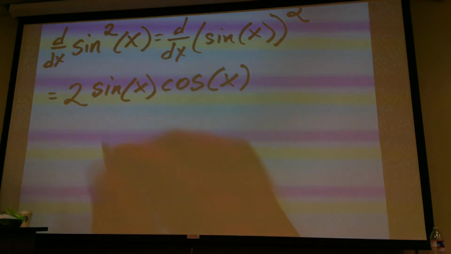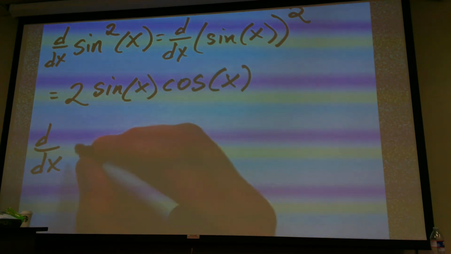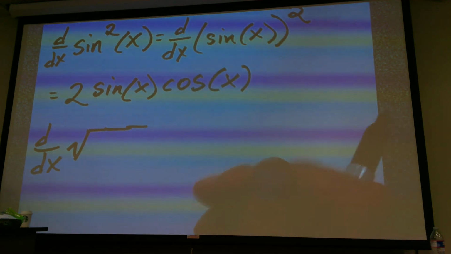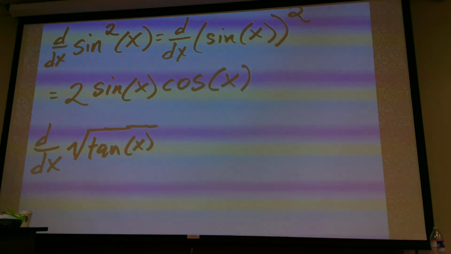So similarly, if we're going to take the derivative with respect to x of, let's say, the square root of, let's say, tangent of x. Okay. So the first thing we're going to take the derivative of is the square root. Okay.